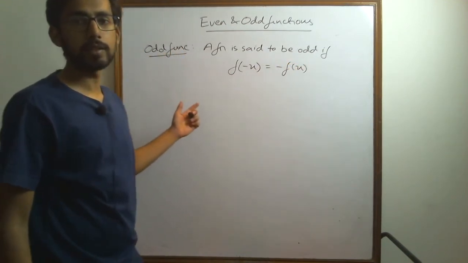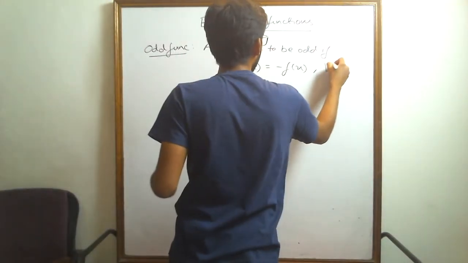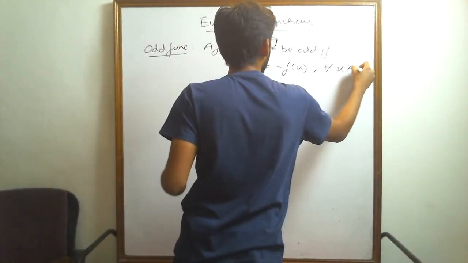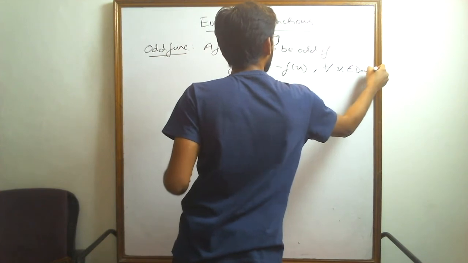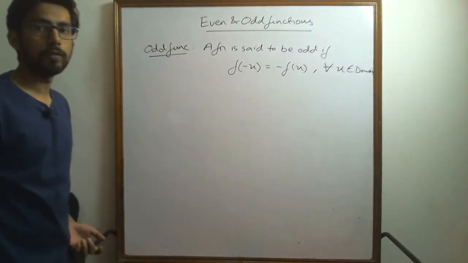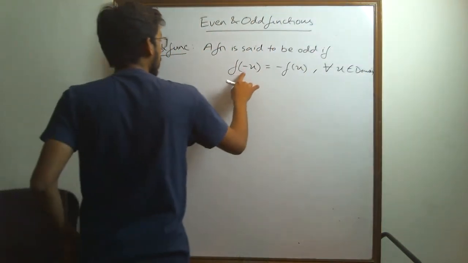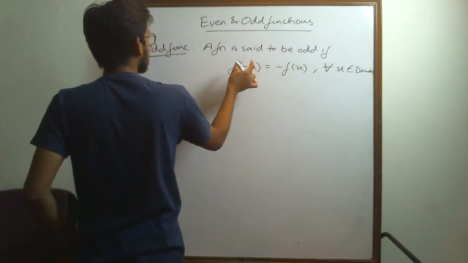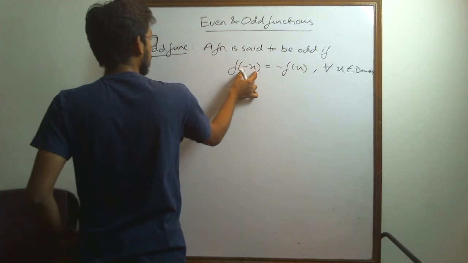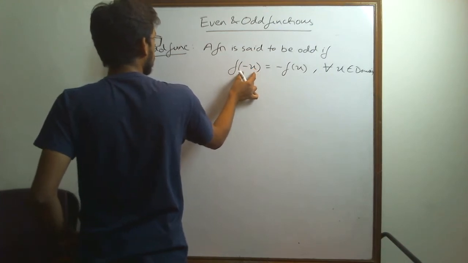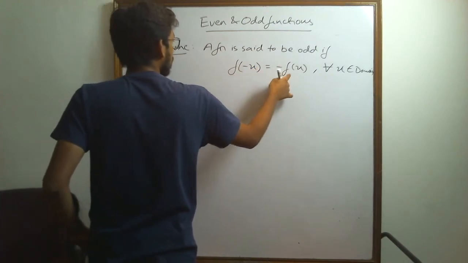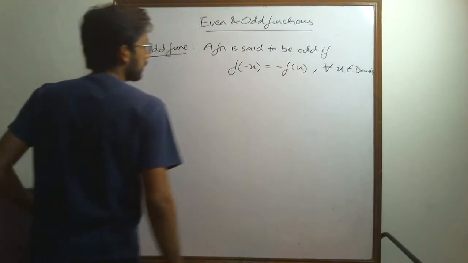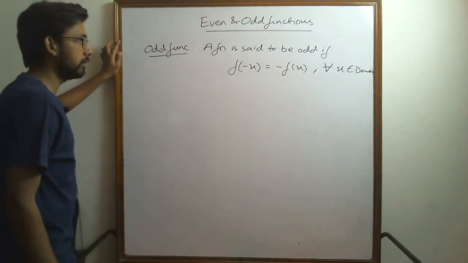If this condition is satisfied for all x belonging to domain, then it is an odd function. F of minus x means that if I replace x by minus x in the whole function, and this comes out to be equal to minus of f of x, then it is an odd function.